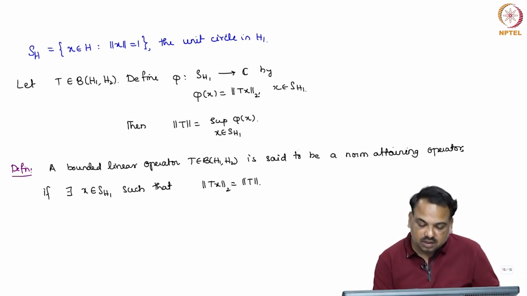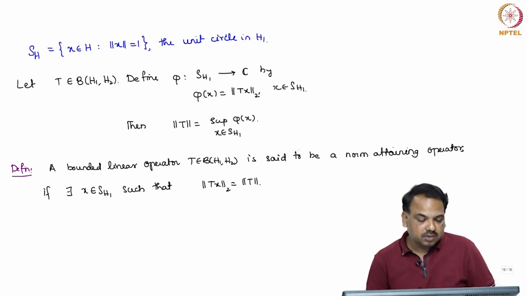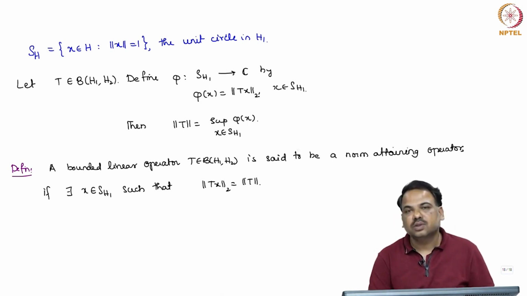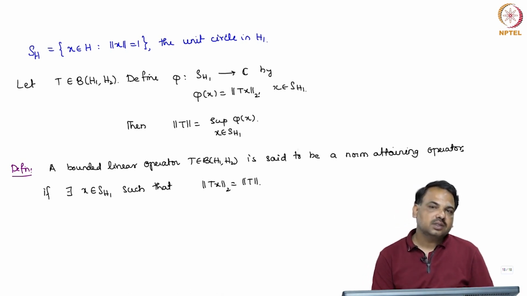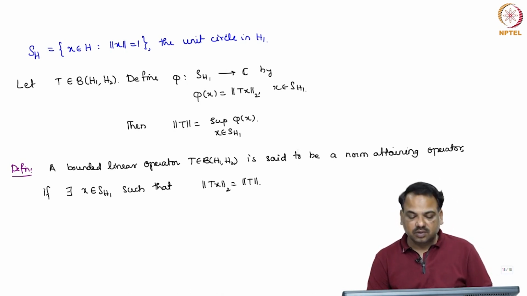In that case, we can say that the supremum becomes a maximum. So, in the examples we have discussed, finite dimensional operators on finite dimensional spaces, the supremum is replaced by maximum. We were able to find a unit vector where the norm of the operator is attained. So, the examples that we have given are examples of norm attaining operators.